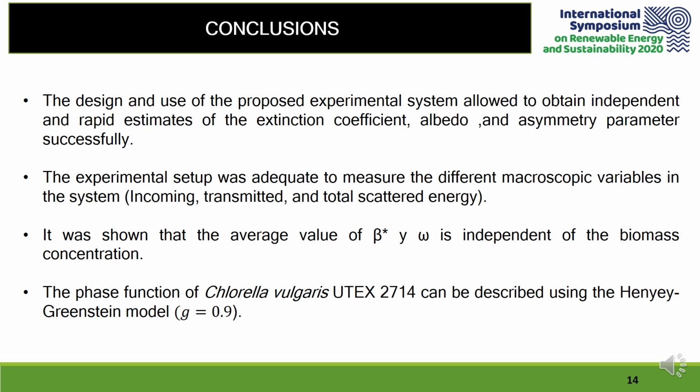It was shown that the average value of extinction coefficient and albedo is independent of the biomass concentration. And finally, the phase function of Chlorella vulgaris UTEX 2714 can be described using the Henyey-Greenstein model, with G equal to 0.9.